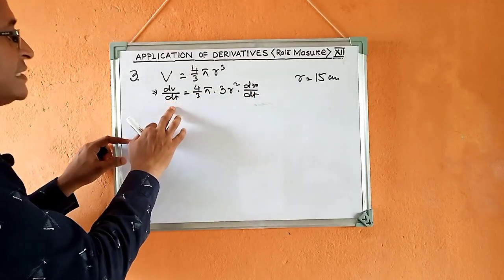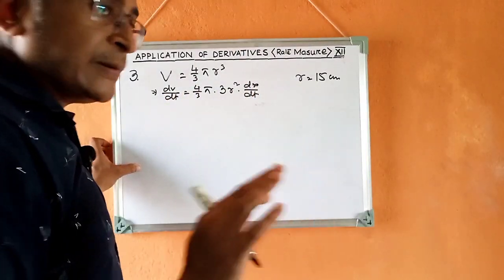Now dV/dt is given as 900 cm³ per second.